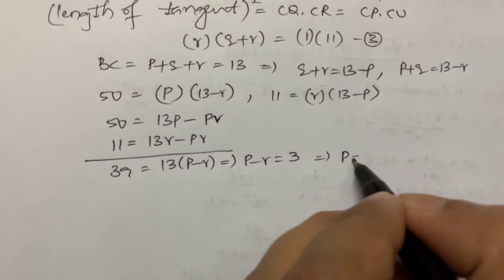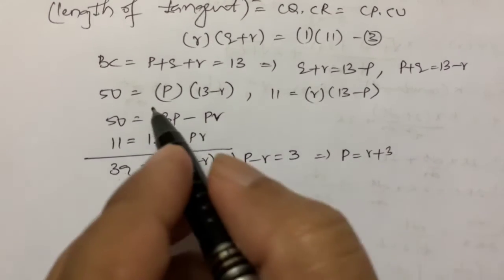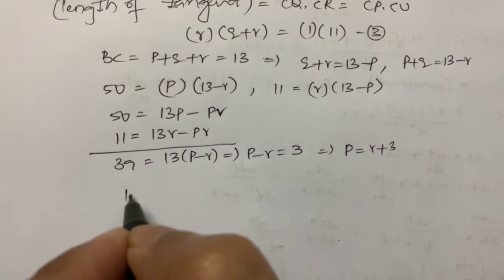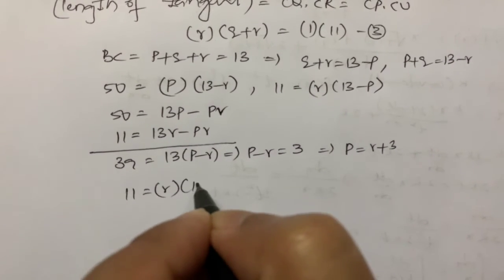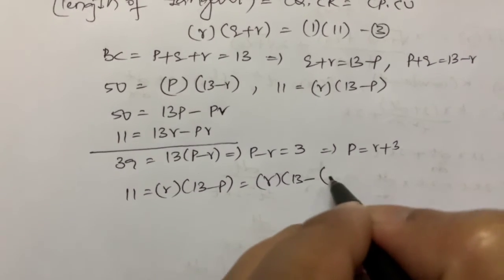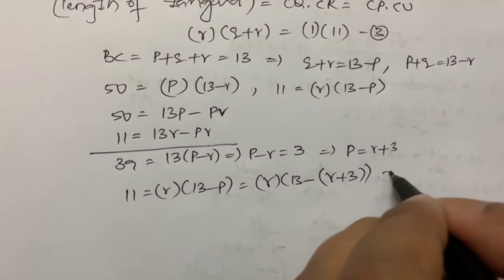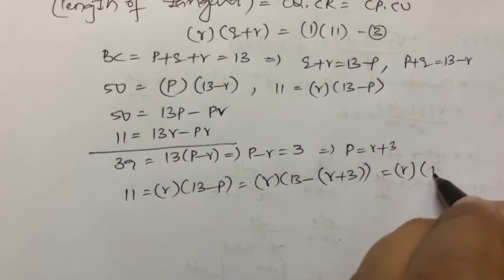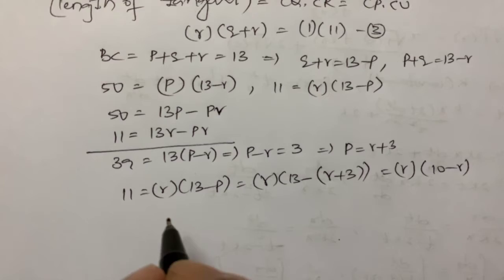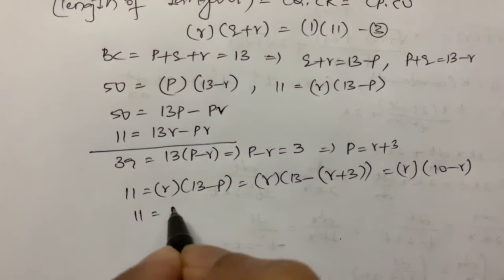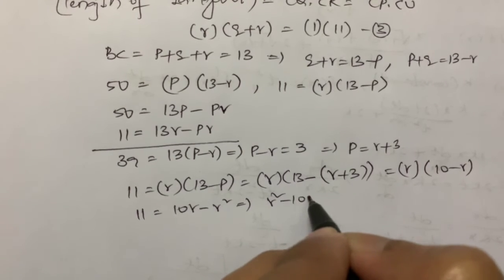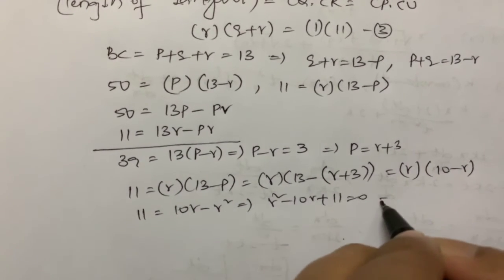So P is equal to R plus 3. Substitute here or here, anywhere. So 11 is equal to R into 13 minus P. P is R plus 3. So R into 10 minus R is equal to 11. So 11 is equal to 10R minus R square. So R square minus 10R plus 11 is equal to 0.